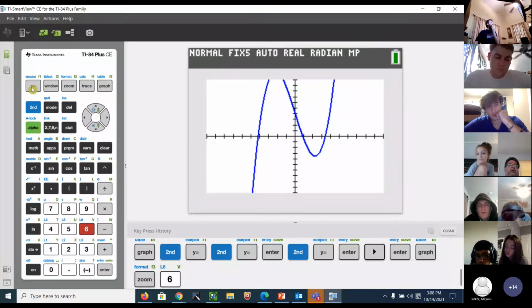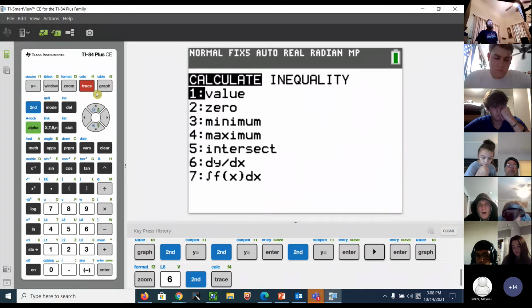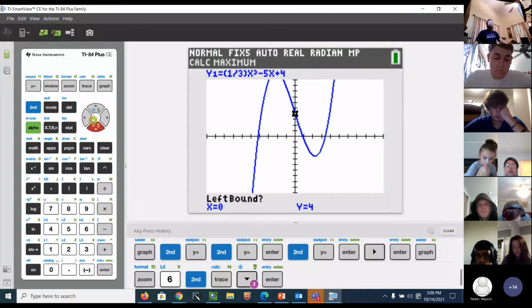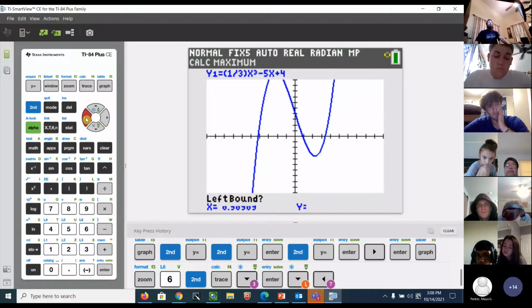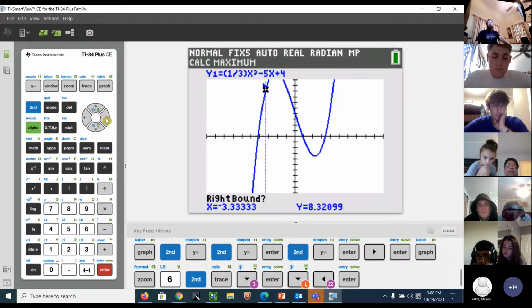And we're going to do a second trace. One is the maximum. I'm not going to zoom all that. I'm just going to give it a left. There's the left. There's the right.